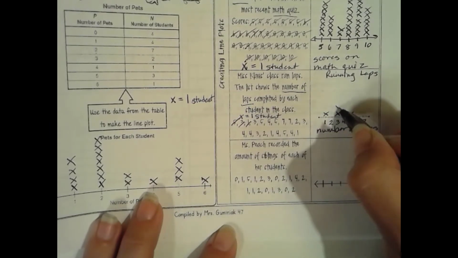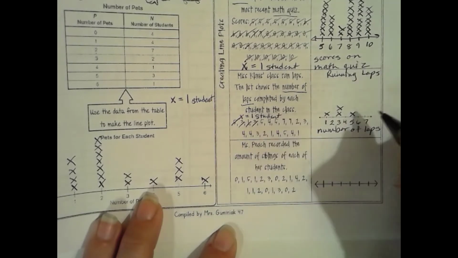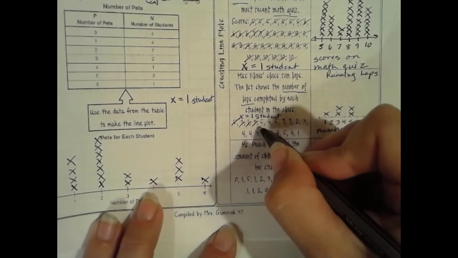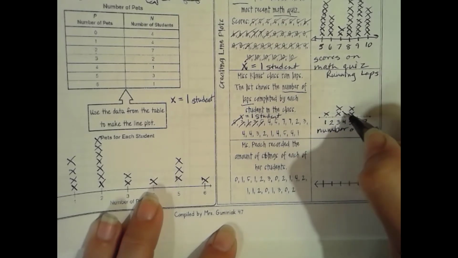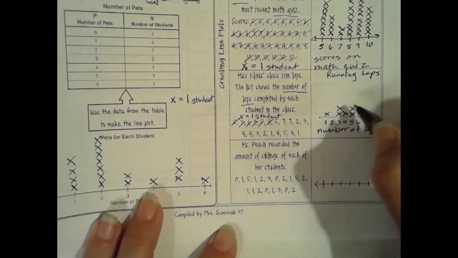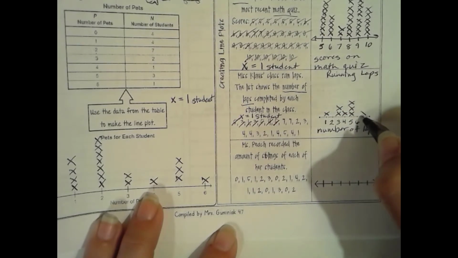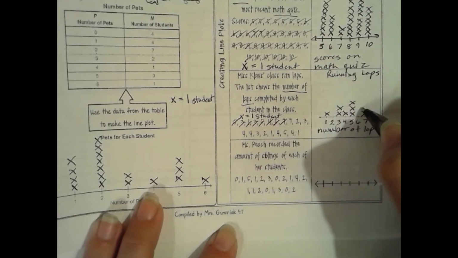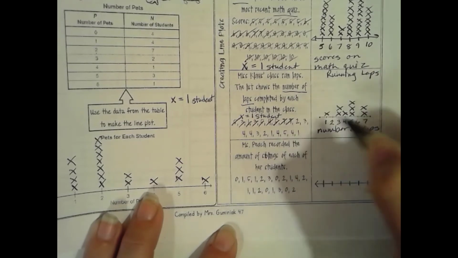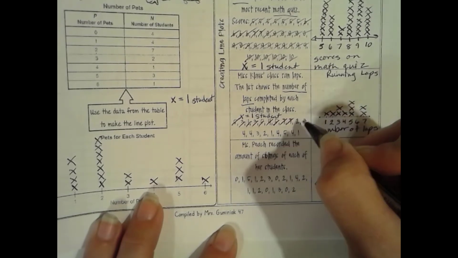Another student ran 3 laps. Another student ran 5 laps. 1 student ran 4 laps. Another student ran 5 laps. Student ran 7 laps. Another student ran 7 laps. Student ran 2 laps.